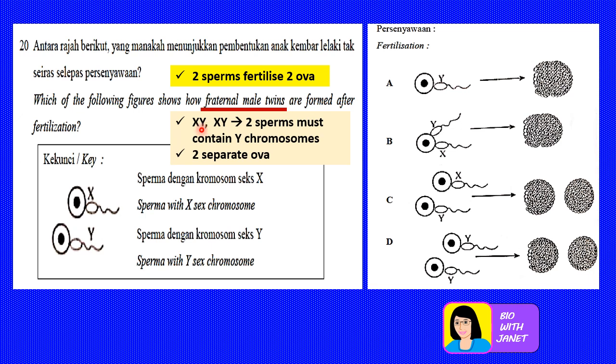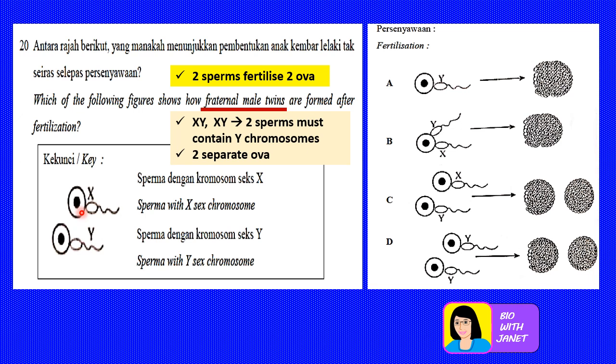Firstly, you must know that each ovum only carries one type of sex chromosome, which is the X sex chromosome. All ova carry one X sex chromosome each. There's none that carry the Y chromosome, only the X chromosome.